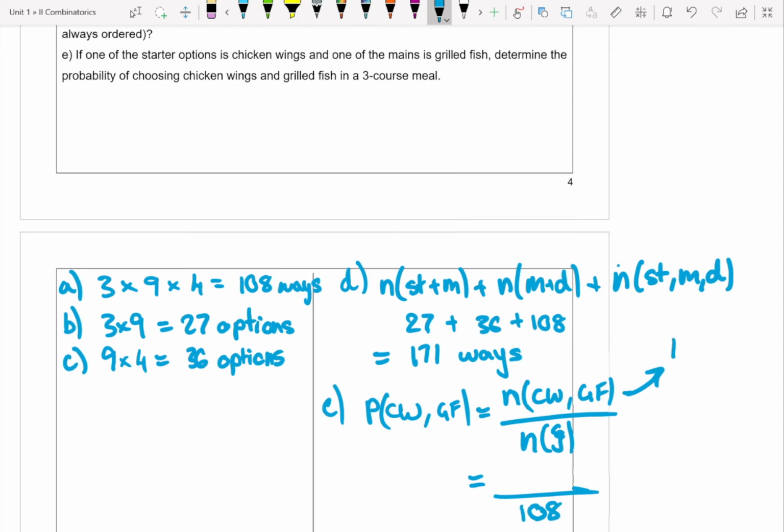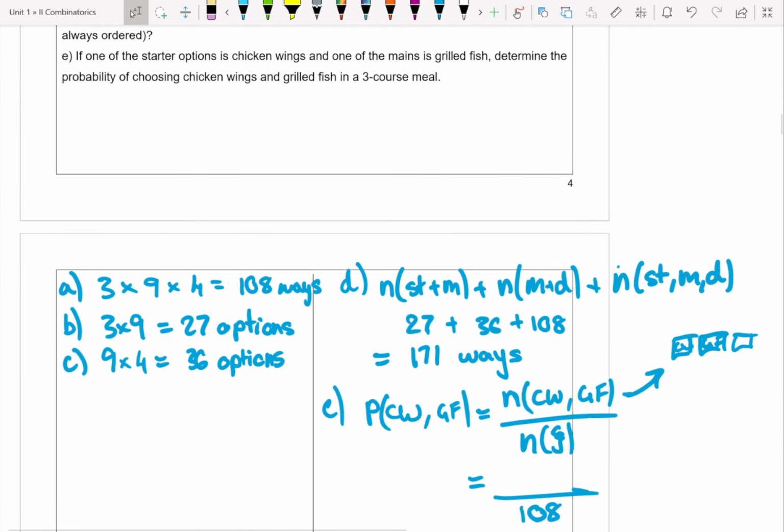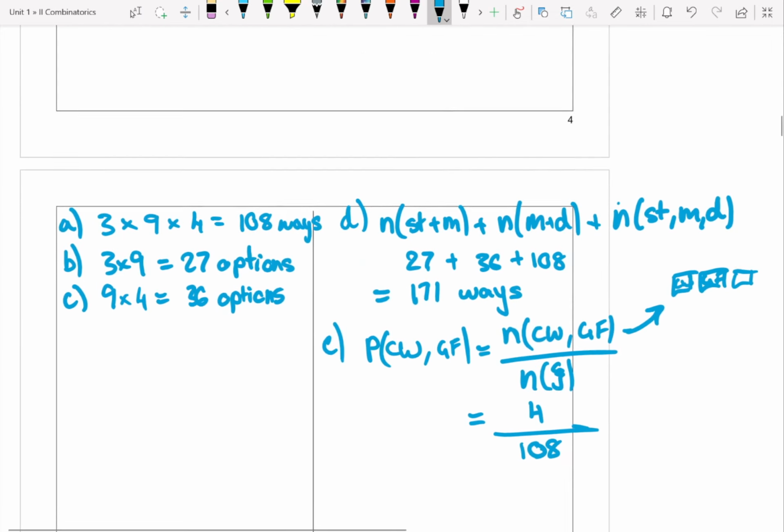So what we're doing there is we're locking in a starter of chicken wings, so that's locked in. We're locking in a main of grilled fish, so the only thing that could change is our dessert. So 4 options for desserts, that's our only option for the numerator.